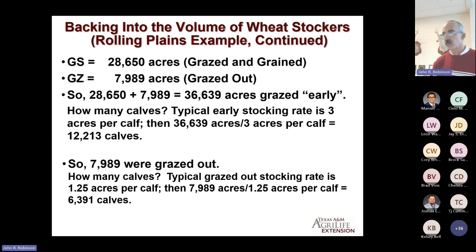If you do that, you're kind of an old data nerd, but it's one way to get at it if you otherwise don't have any source of information about the number of stockers in your area, and you're in one of these regions that has stockers on wheat.